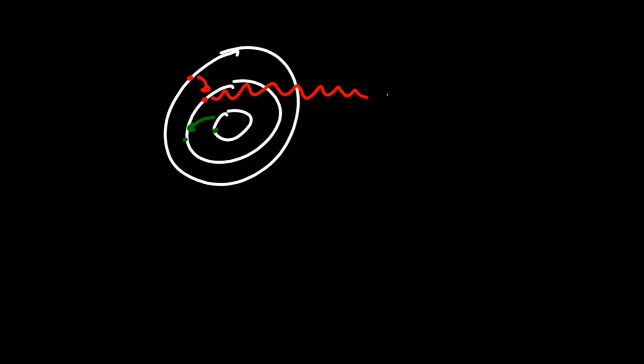Now, for absorption of energy, when the electron absorbs energy, it moves to an excited state. The energy of the photon must exactly match the initial and final energy levels, meaning that nothing's emitted.